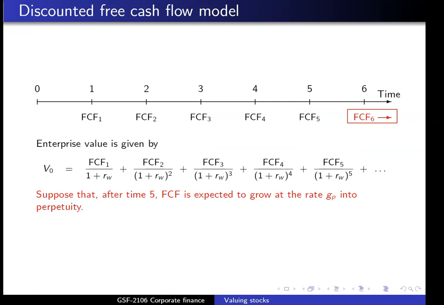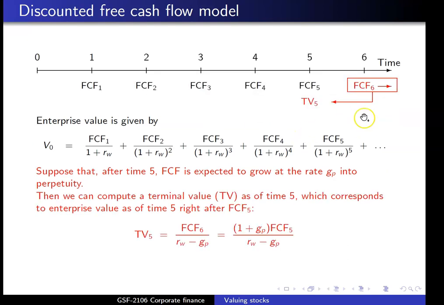So the enterprise value is given by the discounted value of all its future free cash flow into perpetuity. So if we assume that at some point in time free cash flow would grow at a constant rate GP, we can simplify the equation by expressing all the free cash flows at time 6 and after as a value of the firm as of time 5.